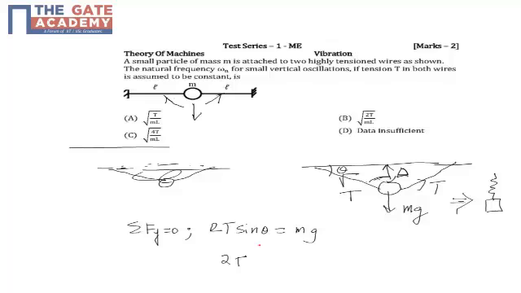So in static deflection, 2T sine theta equals mg. Now sine theta I can write as delta, which is static deflection, by L. Sine theta is opposite side by hypotenuse: opposite is delta, and L is the length of the string.